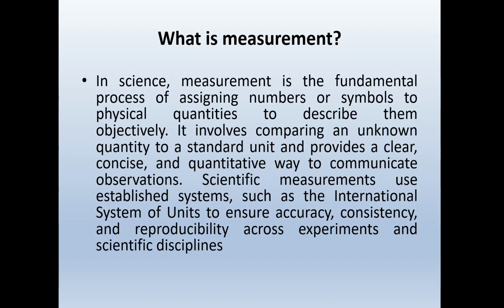You have a rope. You don't know the length. The only way you can know the length of that rope is when you measure it. You say, this rope is 10 feet. This rope is 5 feet. When you do that, you have done measurement. When you assign a numerical value or a unit to that physical quantity, you have done measurement.